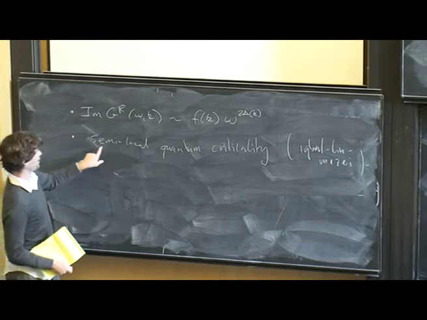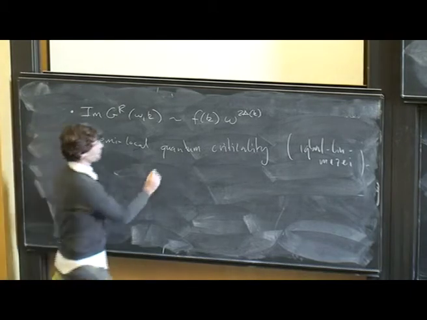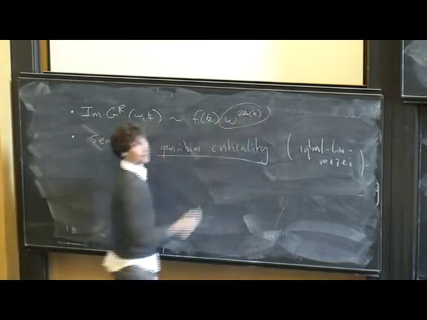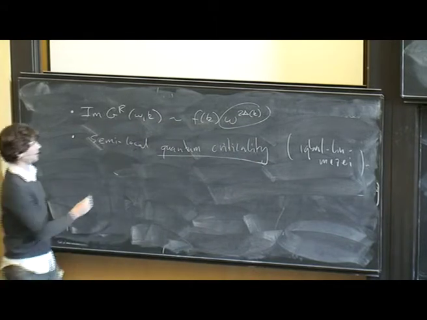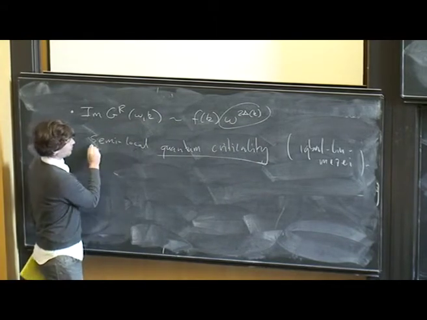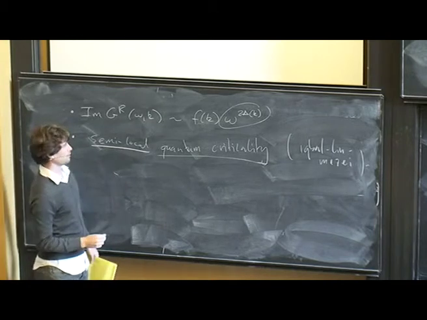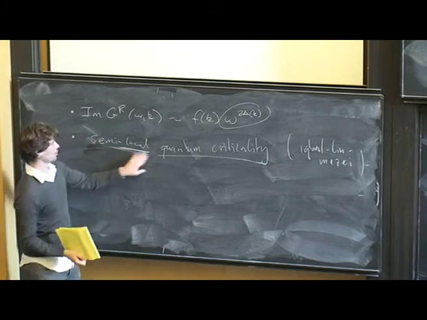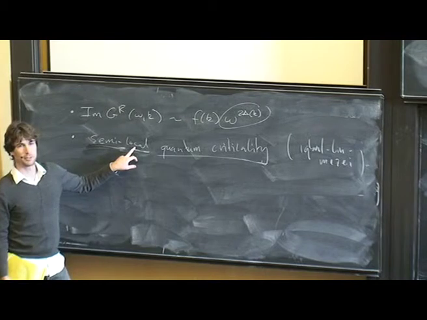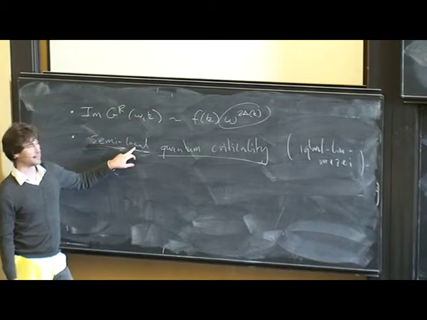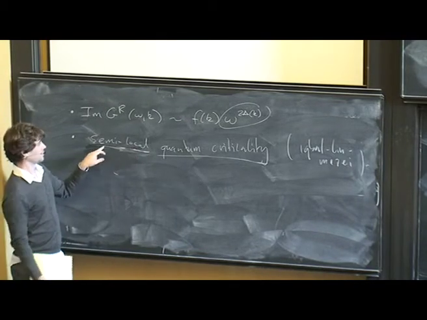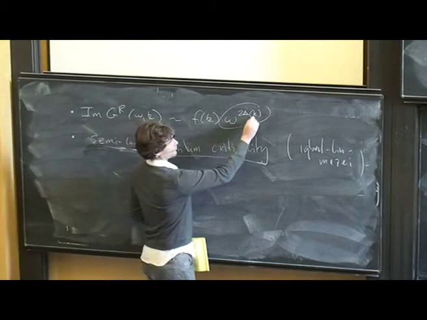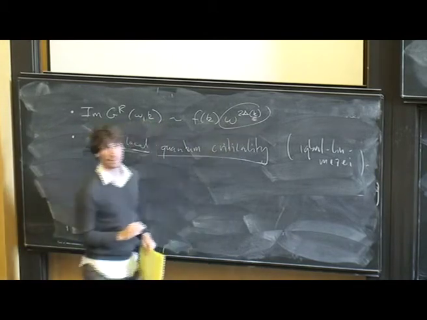There are three words here. Quantum critical is just the fact that it's a power law in omega. Local is trying to say that the momentum dependence is weak. So local would be if there's no momentum dependence, and semi-local is just the fact that there's a weak momentum dependence in the exponent.